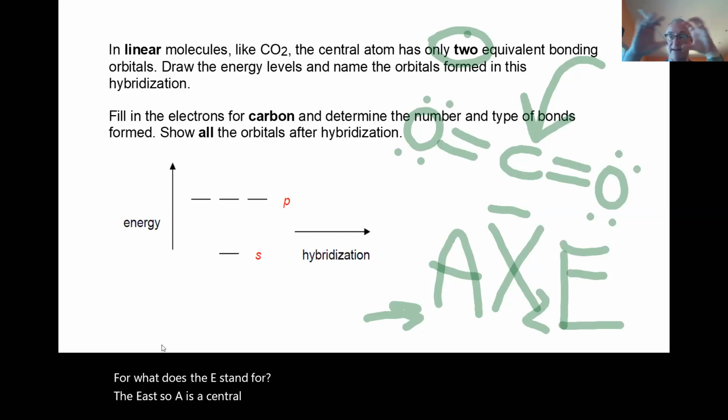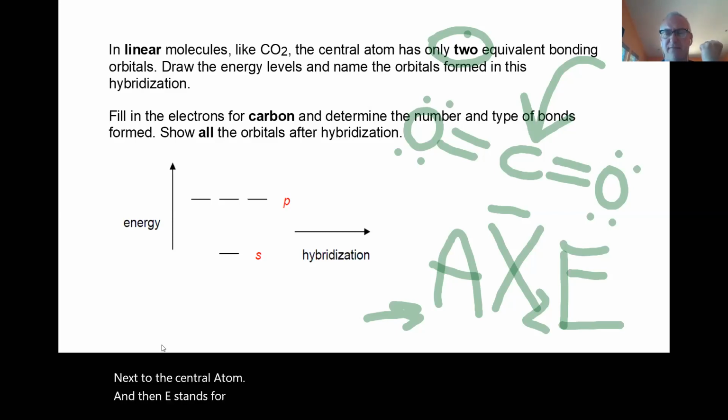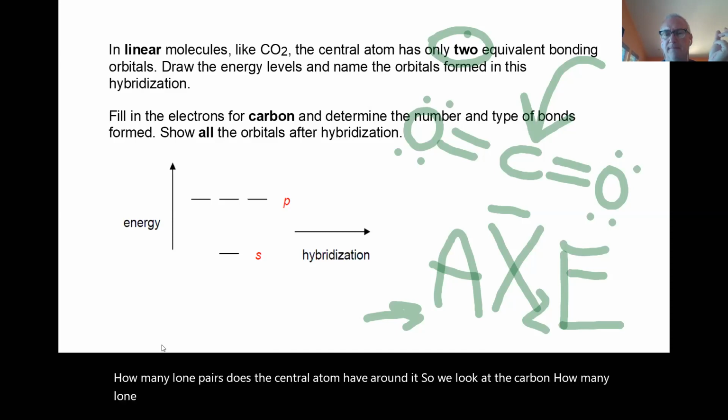X is the number of surrounding atoms next to the central atom. And then E stands for something. What does E stand for? Non-bonding valence electron group. Right, basically lone pairs. How many lone pairs does the central atom have around it? So when we look at the carbon, how many lone pairs does it have?